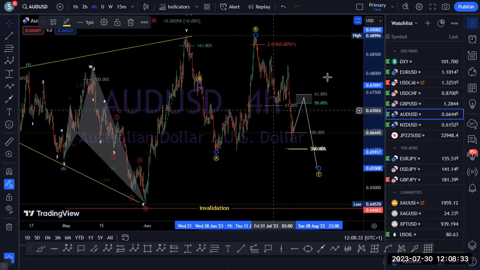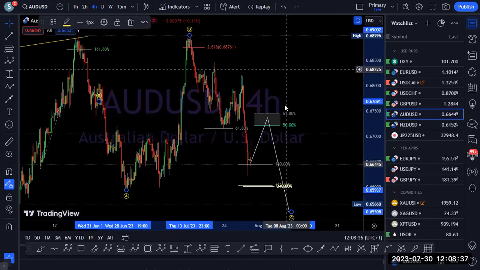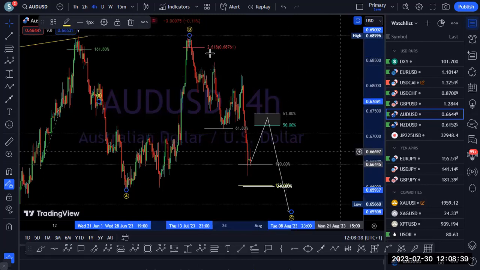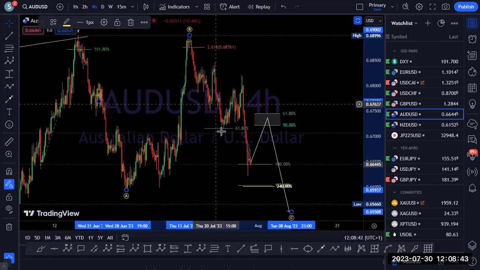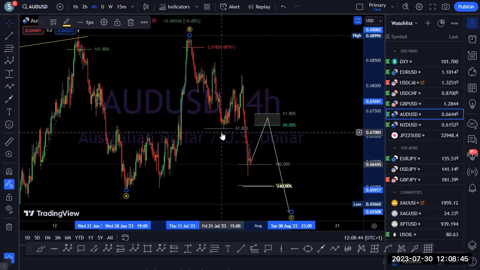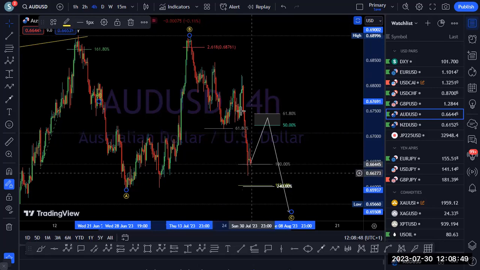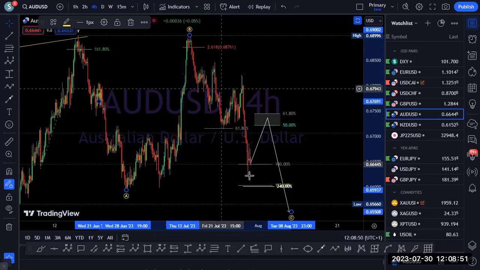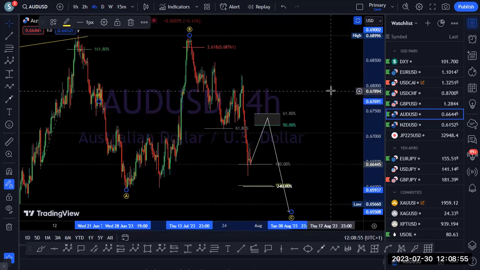But the way I see it, it will give us WXY. Already we have an ABC, or you can call it a bigger ABC, then ABC again. See, so this ABC, WXY. So expect the market to drop further.